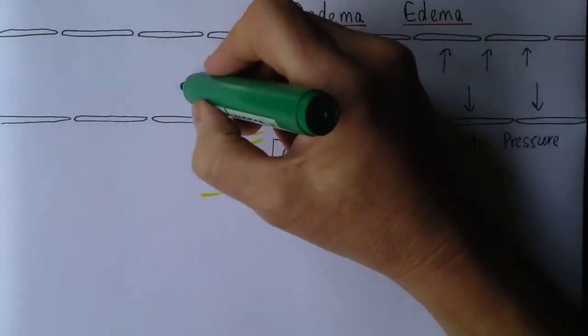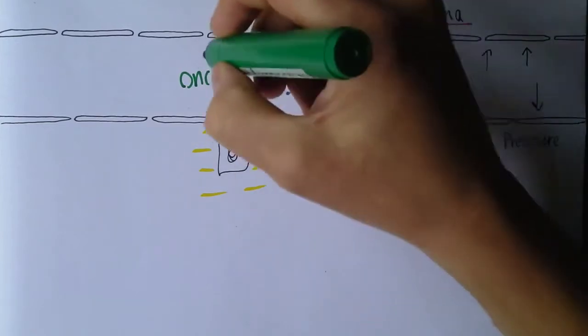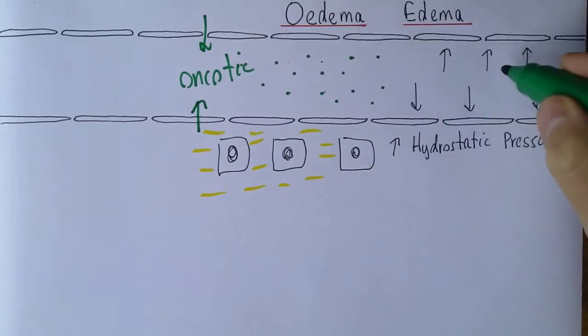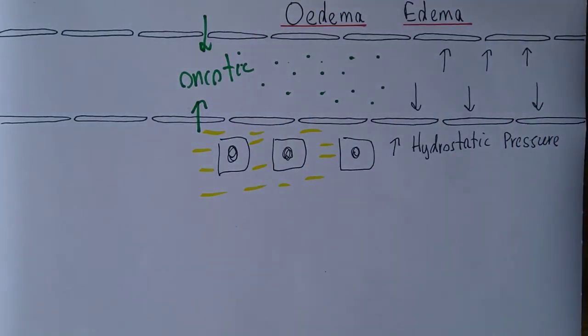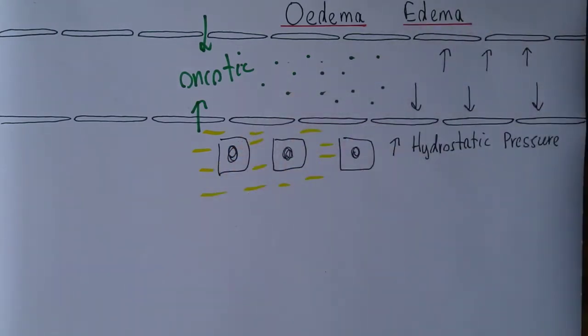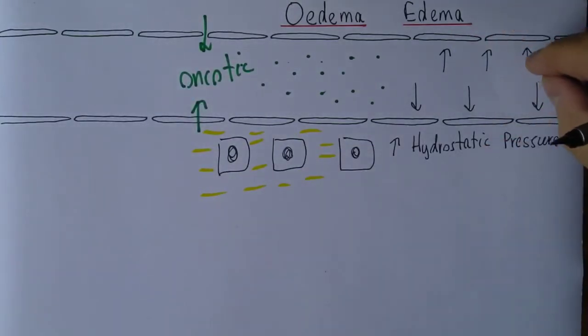So we have the oncotic pressure, that is the osmotic pressure sucking in, and we have the hydrostatic pressure pushing out. So if we've got increased hydrostatic pressure, more pressure pushing out, even if the oncotic pressure is normal, there's going to be more pushing out than there would normally be.